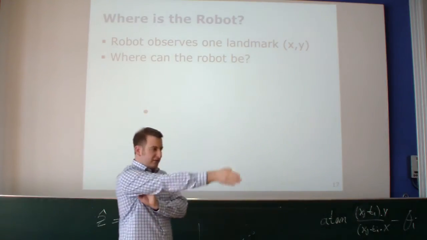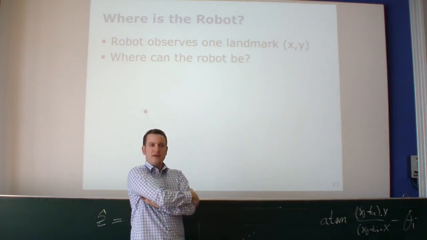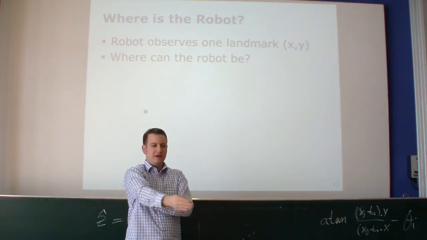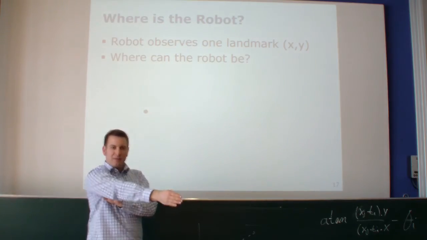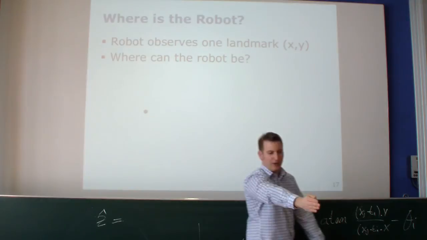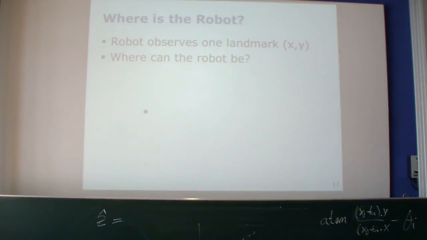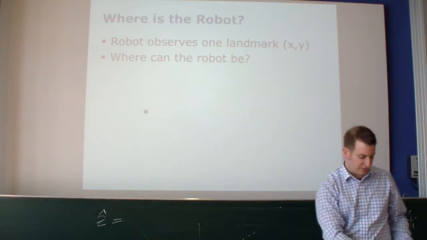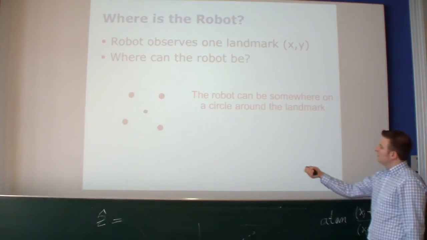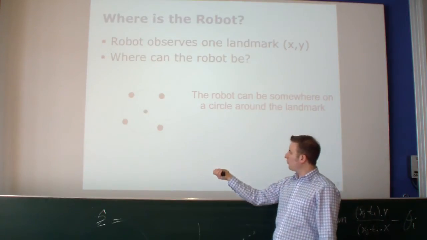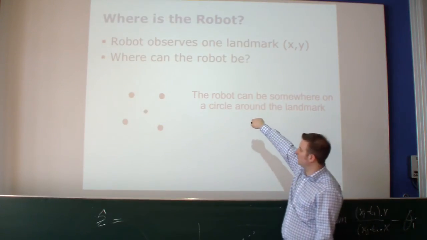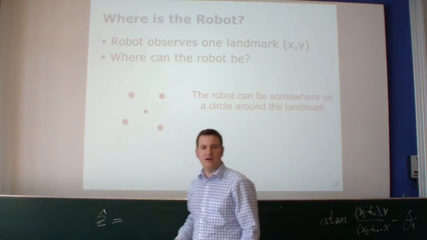If the robot says the landmark is exactly in front of me, 3 meters in front of me, say my notebook is my landmark, I can be anywhere on that circle. The only constraint is that I have to be looking at my notebook. So the robot can be sitting anywhere on that circle, and just the orientation is constrained.